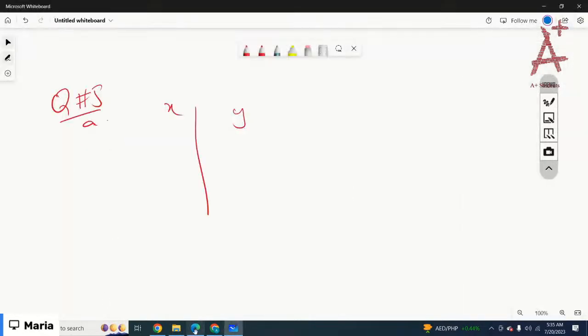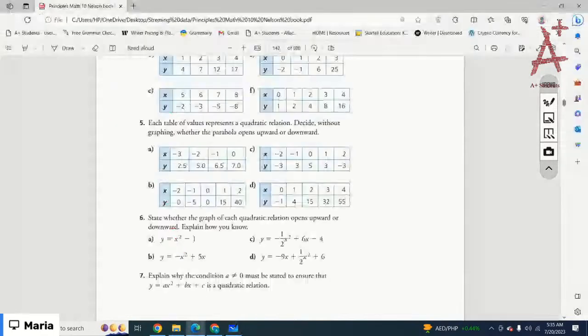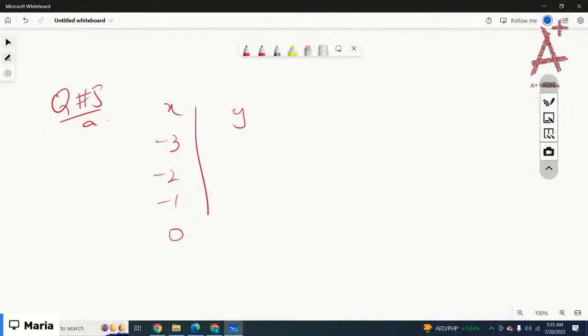The x values are -3, -2, -1, 0, and the y values are 2.5, 5, 6.5, and 7, I think.